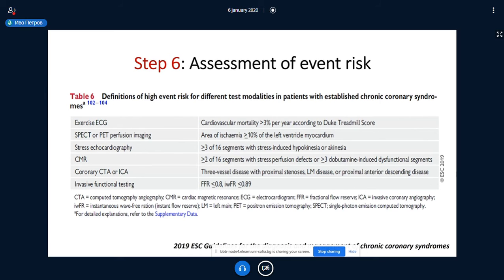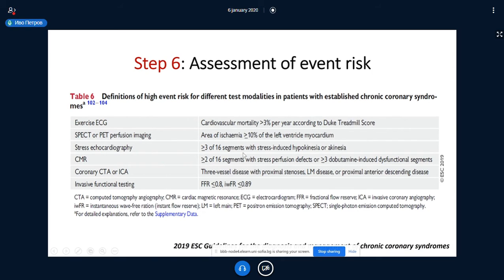In case we have less than 10% of the myocardium investigated by stress scintigraphy, positron emission tomography, or single photon emission, with less than 10% of perfusion defect or more than 10%, we can guess that the patient has a lower or higher risk of clinical events.